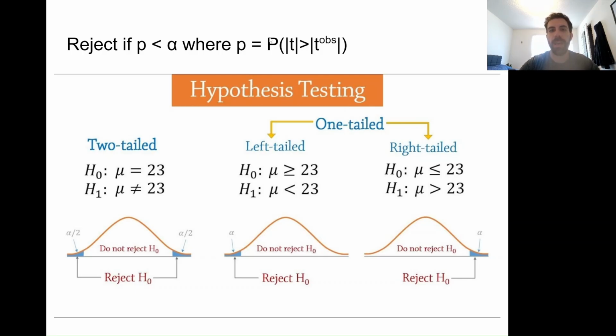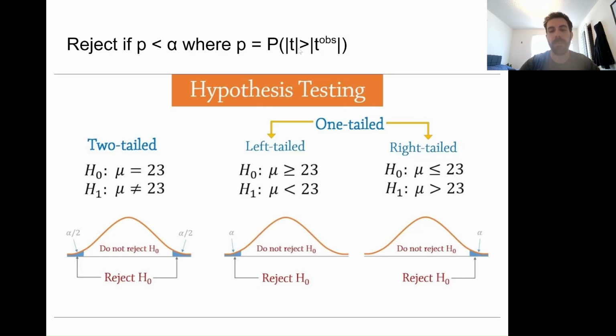What this is saying is P is the probability, remember that's what big P means, that my T distribution is greater than the T statistic I calculated. This OBS just stands for observed, the T statistic that I observed in the data I collected. So if I observe a T more extreme, what's the probability of getting a T more or as extreme as the T I observed?